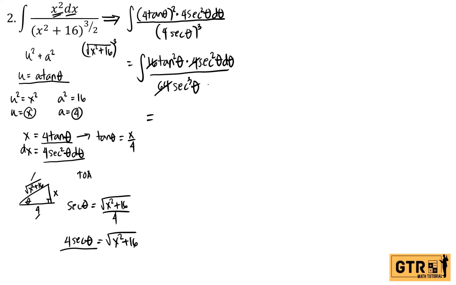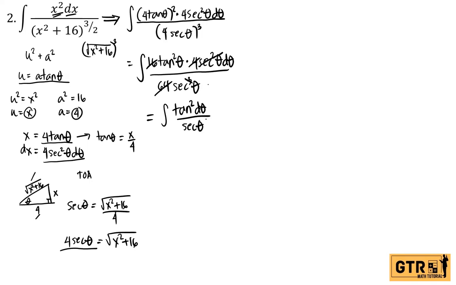We have secant squared in the numerator and secant cubed in the denominator, so subtract the exponents. Therefore, we have the integral of tangent squared theta d theta over secant theta.